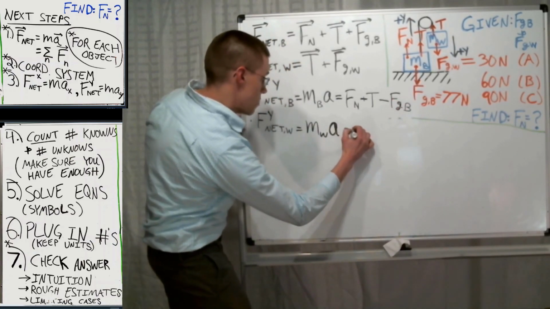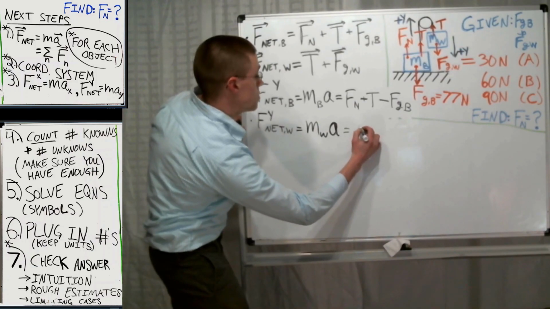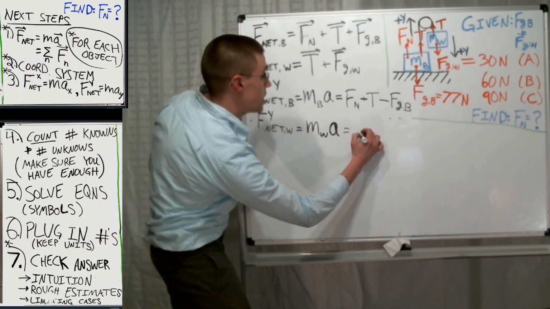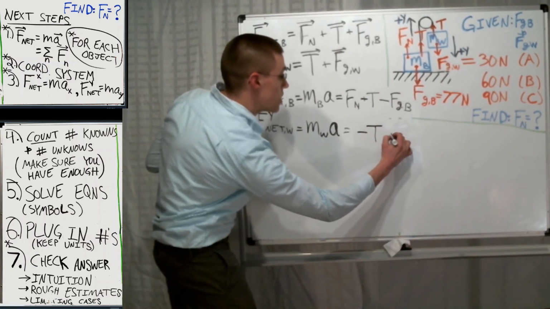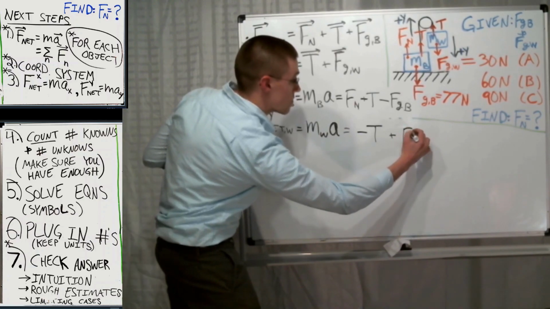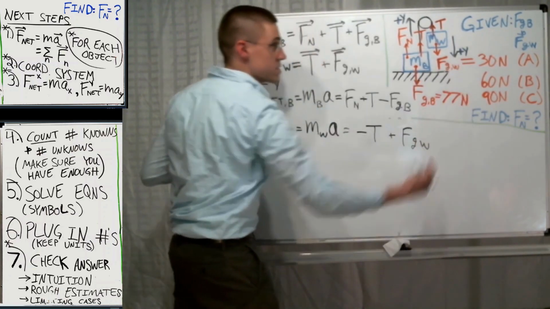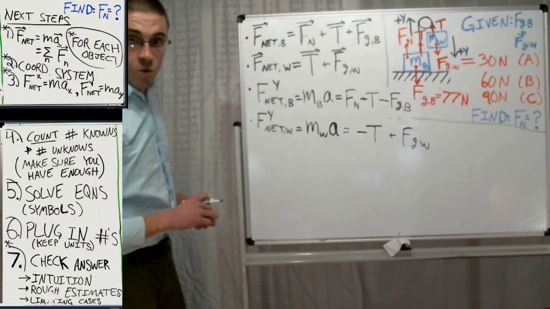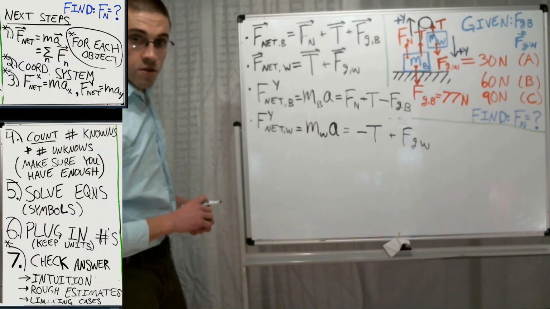Okay, for the weight, it's equal to, there's a tension force that in this case is pointing in the negative y direction, so minus the tension force, plus then the gravitational force on W is pointing in its positive y direction. All right, so that's step 3, and now I can go on to step 4.